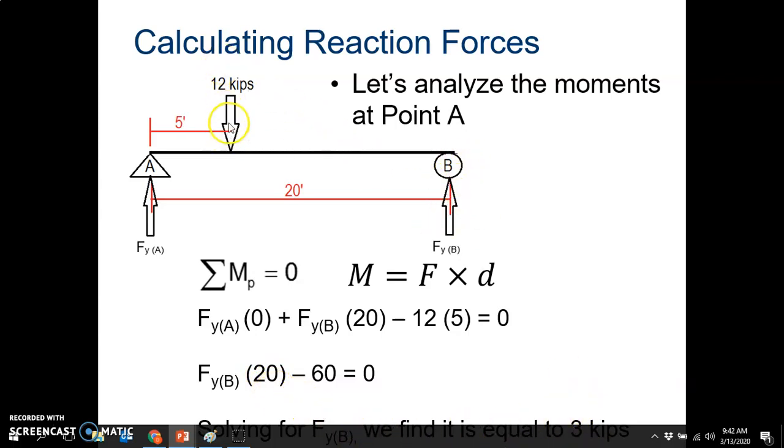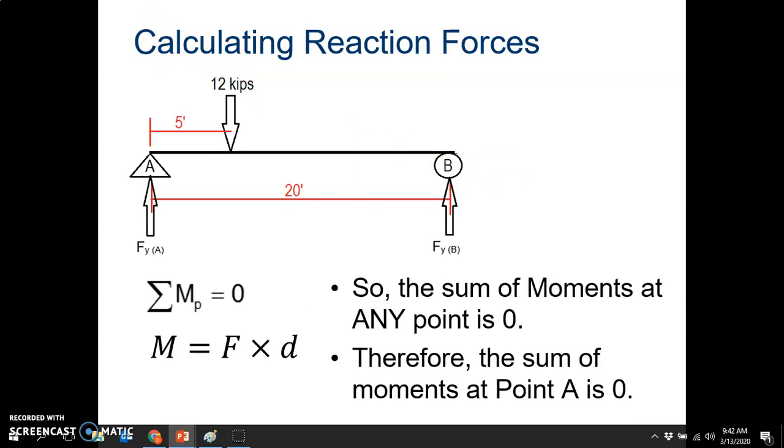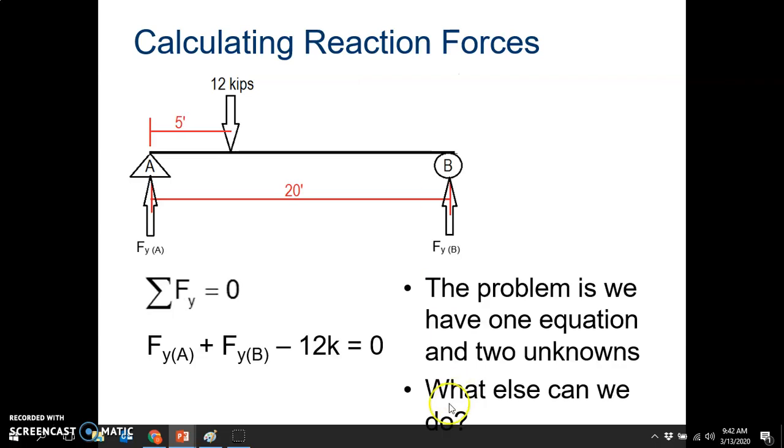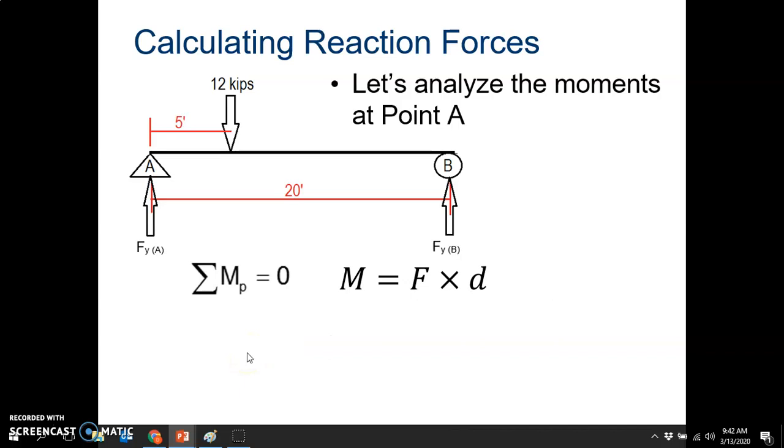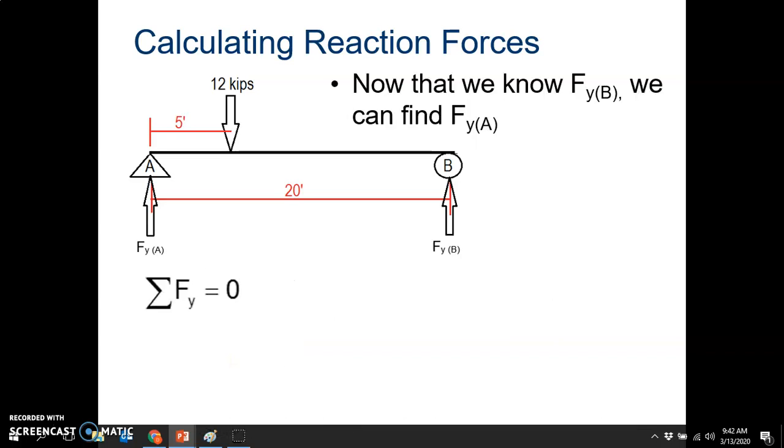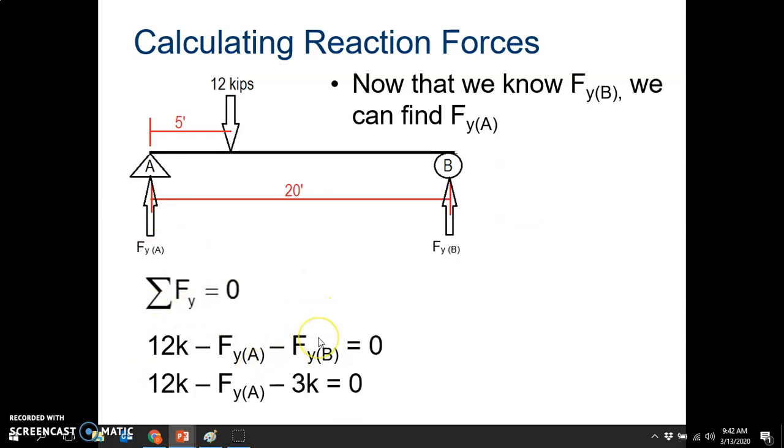So if we have 12 kips right in the middle, we know that this right here must be 3 kips. So we just solved for one of them. Now what do we do? We know this and we know this. Now we're actually able to go back to this equation because we know what F of y of B is. So we go back to this equation. Now we plug in what we do know.